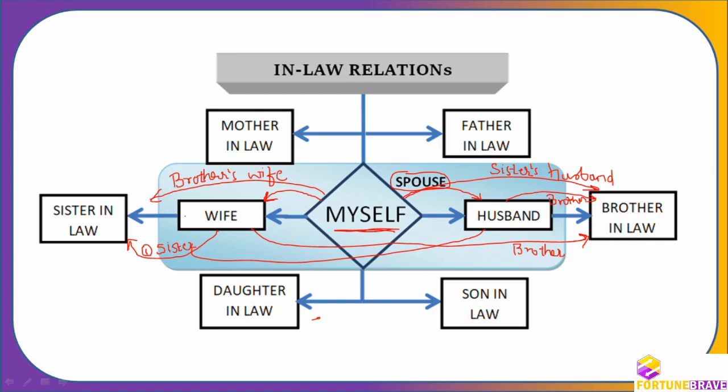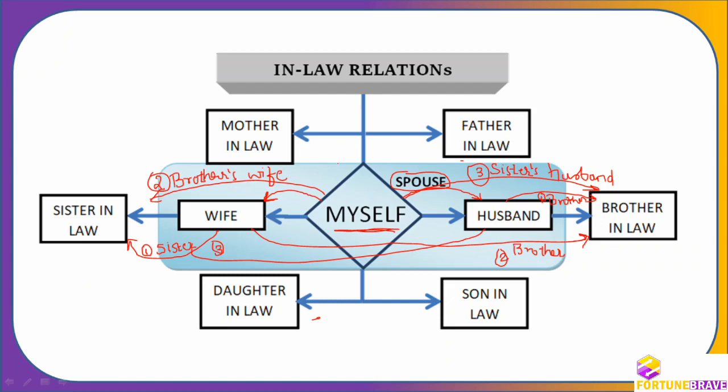So likewise, there are three relationships. And if I'm a female, then my husband's sister is also sister-in-law. So there are three ways. 1, 2, and 3. Here also 1, 2, and 3. Okay, fine.